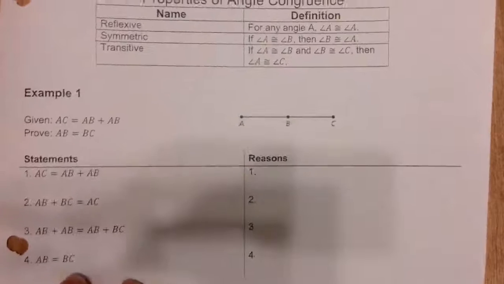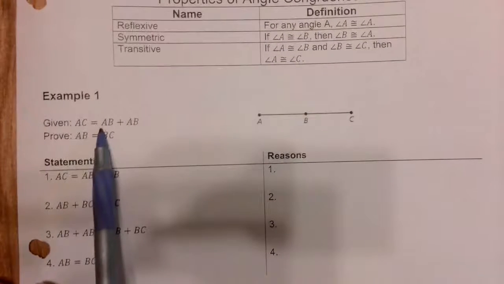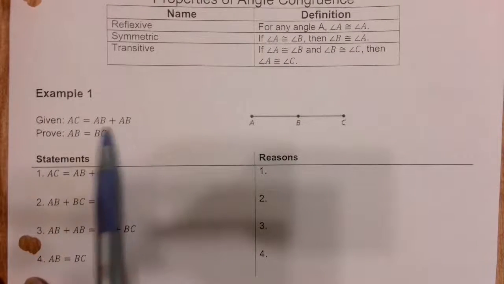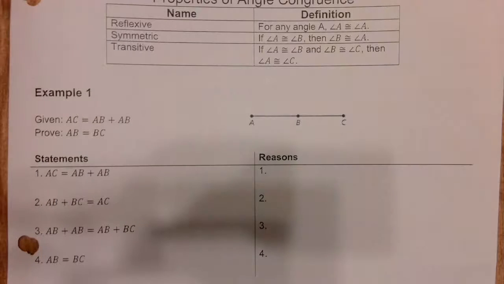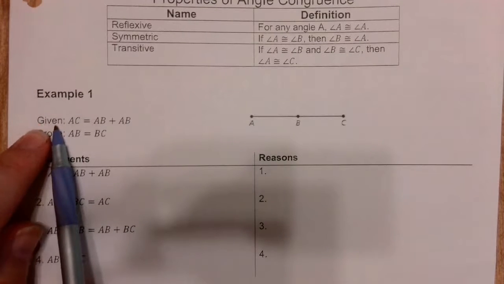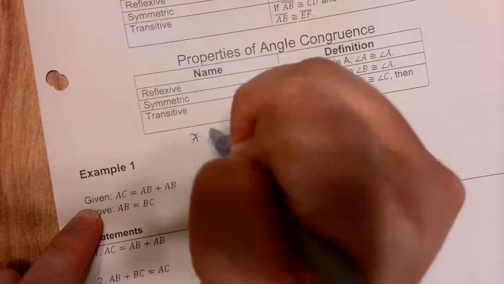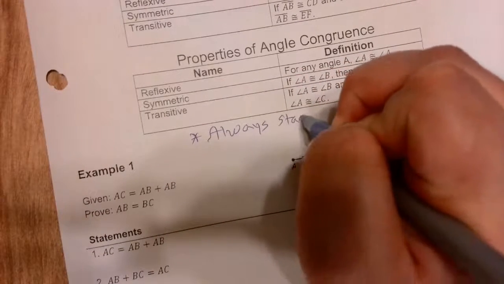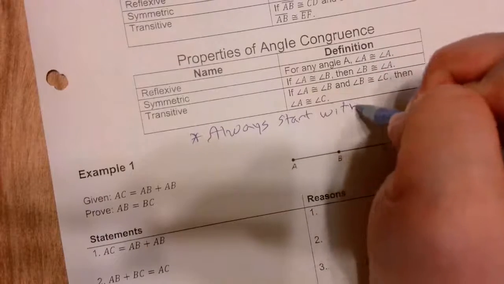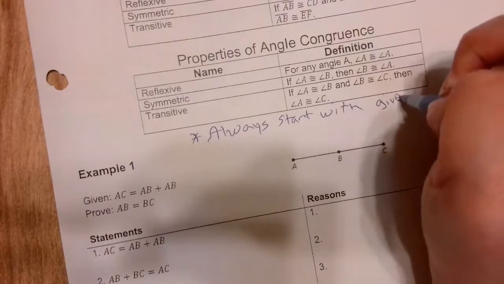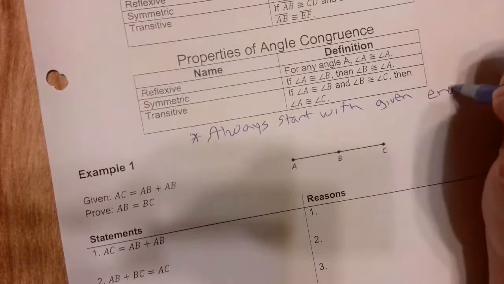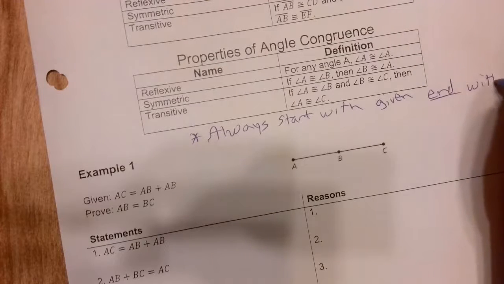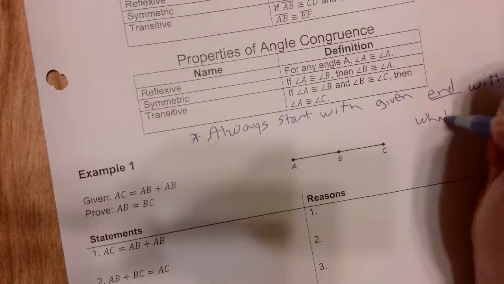The first example, we are given AC is equal to AB plus AB. We are trying to prove that AB is equal to BC. So where you start typically in a proof, you always start with the given. Always start with a given, and you end with what you want to prove.